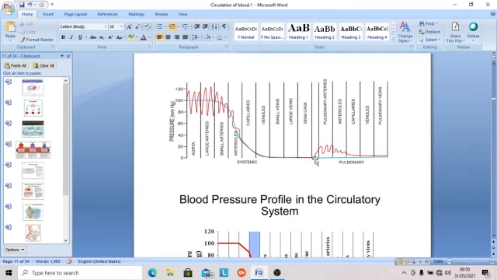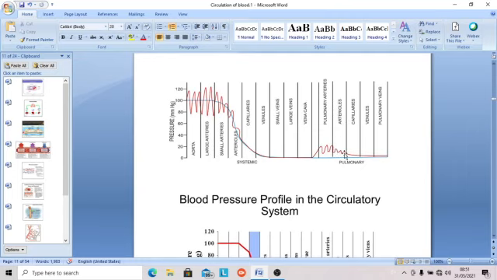Then in the right atrium during the systolic phase, the pressure increases. Then in the pulmonary artery there is a significant increase in pressure. There is a pulse also, 25 to 10 millimeter mercury. Then you can see the pulmonary arterioles.